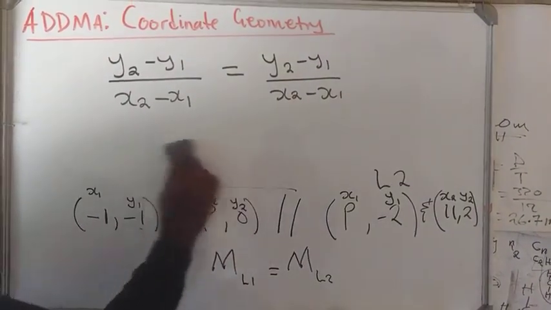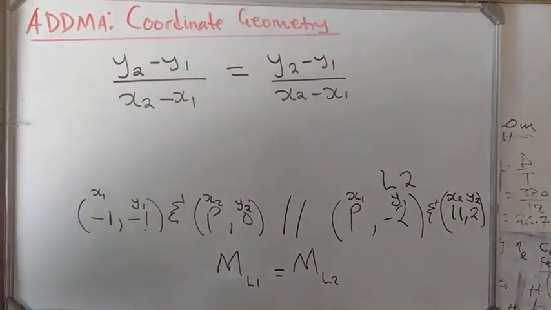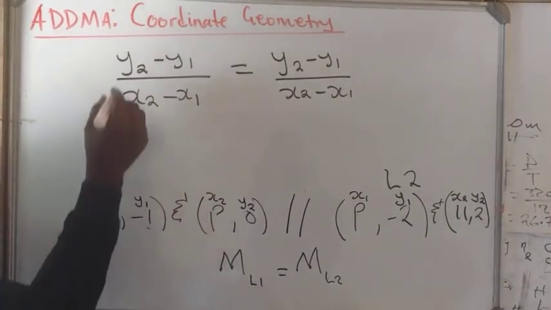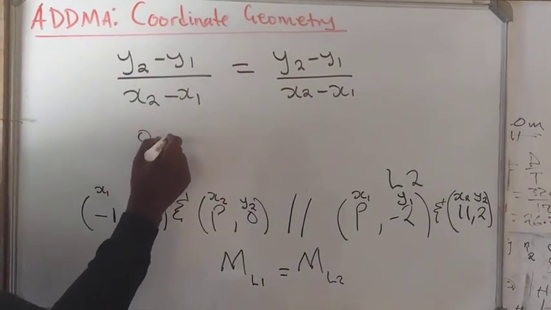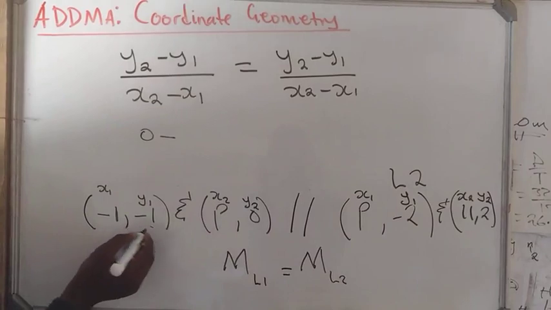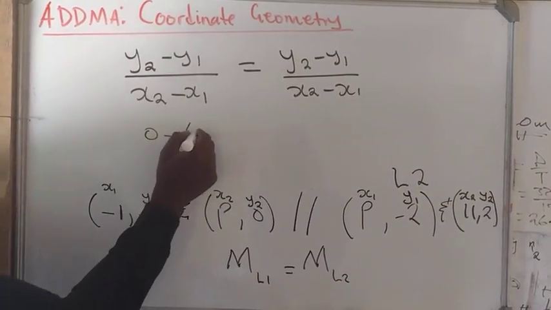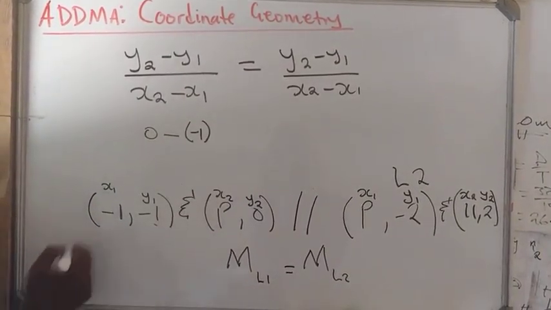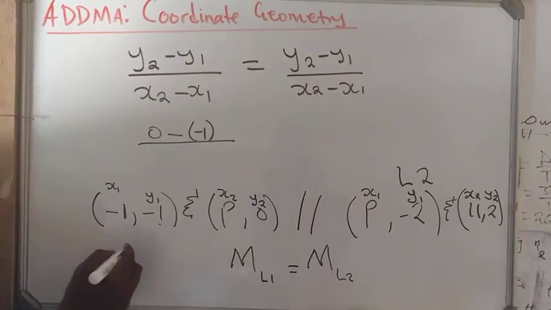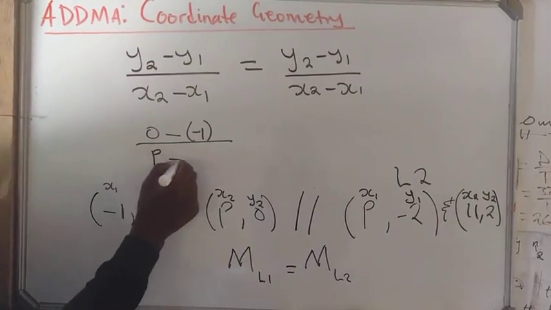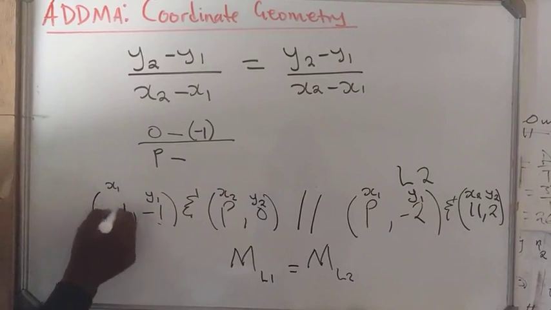Bearing that in mind, let's now substitute. I've said here is 0 minus, the y1 is negative, so we enclose this in brackets, (-1), over x2, which is p, minus our x1, which is (-1).